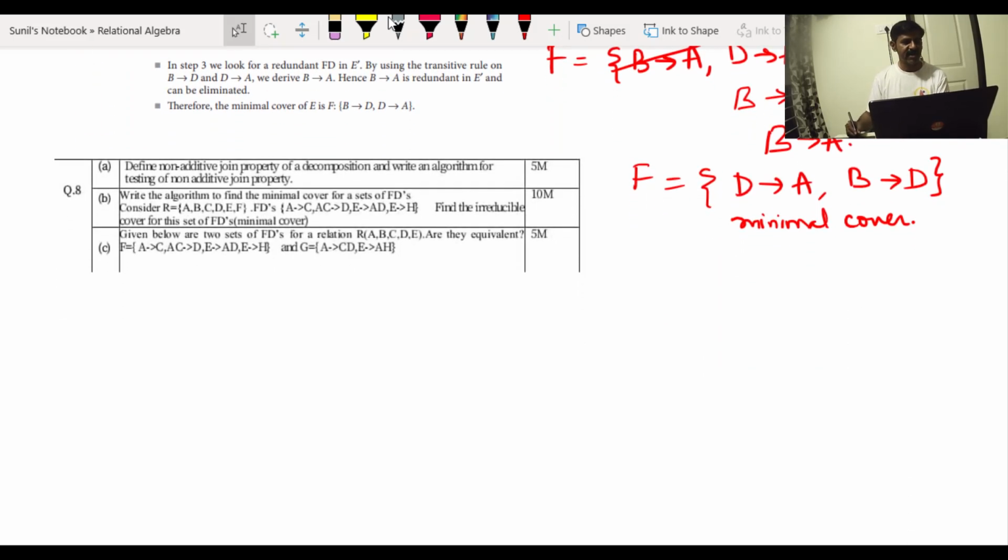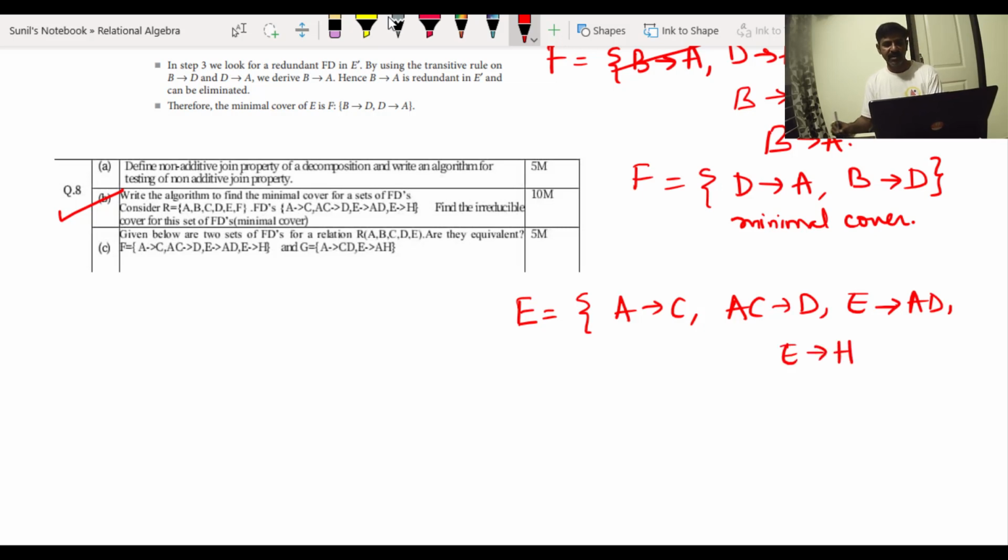So let's take one example from the question paper. You see that this problem is given to you, question number 8b. So your functional dependencies are given as F. So in fact, we can take it as E here: A arrow C, AC arrow D, E arrow AD, and E arrow H. So these are the functional dependencies which are given to us. Now, by applying step number 2, the first step of course is the minimal cover F is equal to E itself.